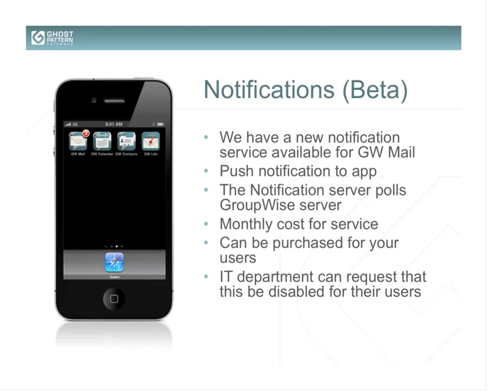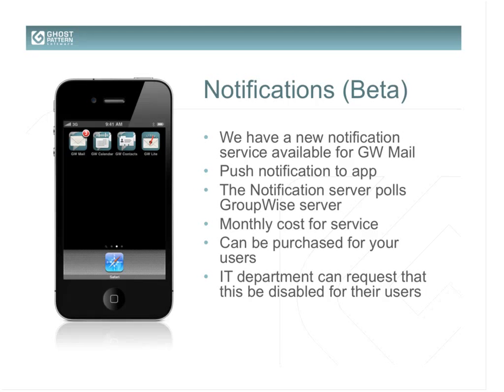The way that Apple works is they don't allow you to just have an app running in the background and check your server occasionally for new email. So what we've had to do is implement a notification server service that is able to go out in the background, look at the server and log in for the user, check to see if there's new email, and then send a notification.